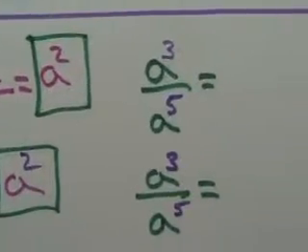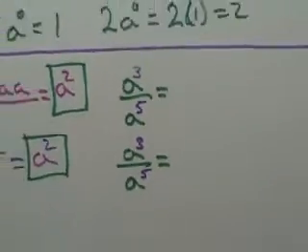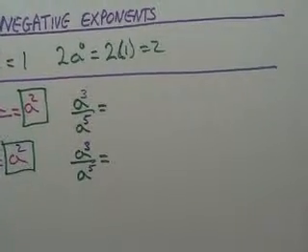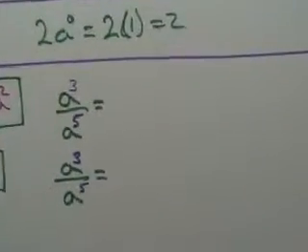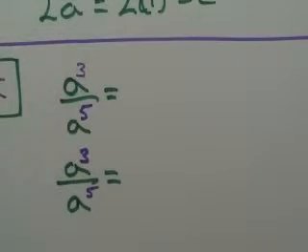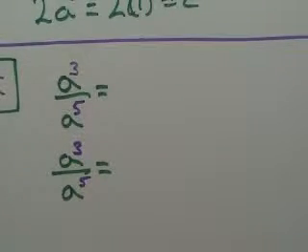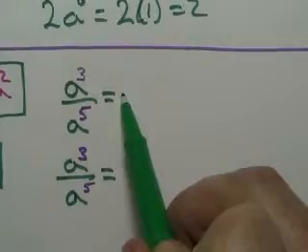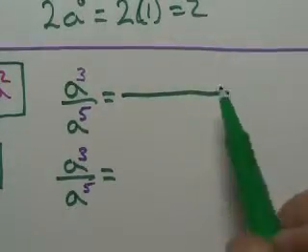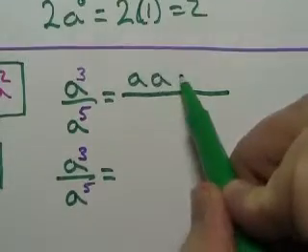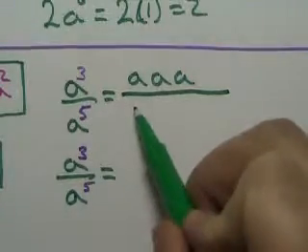All right, we're going to do 2 more examples. We have A to the 3rd over A to the 5th. We'll do it twice. On top here I have 3 A's, and on the bottom I have 5 of them.